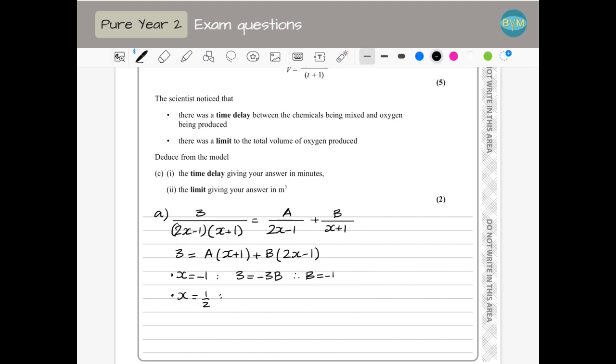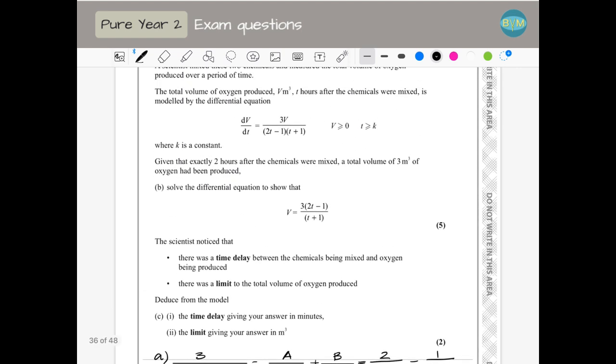So the left hand side is still 3, and on the right hand side 1/2 plus 1 is 3/2, times A is 3/2 of A, and the other bracket is 0, therefore A is 2. So I can write this as 2 over 2x minus 1, minus 1 over x plus 1. This is the first section.